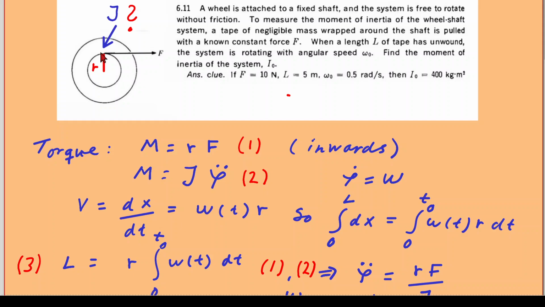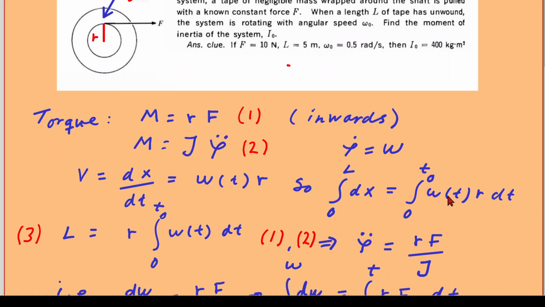So during the time dt, the length dx is traveled here. So dx is a small length, depending on the velocity v and dt. So what we can do is multiply with dt here, and also here, and then we can integrate. So that's what you have here.